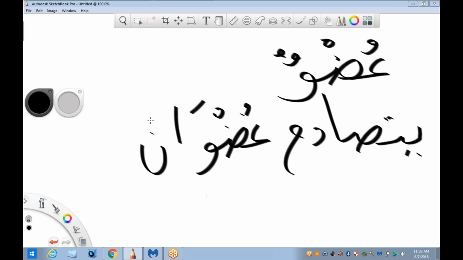Two members of the body have to collide with one another in order for a sound, a letter, to take place. They have to collide.